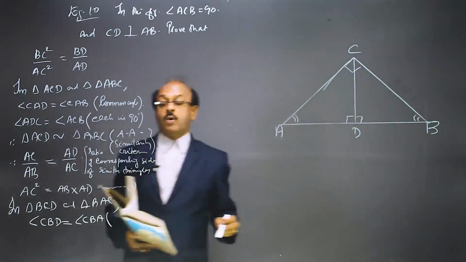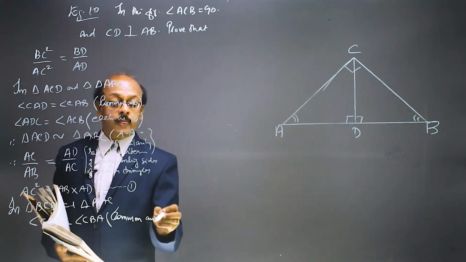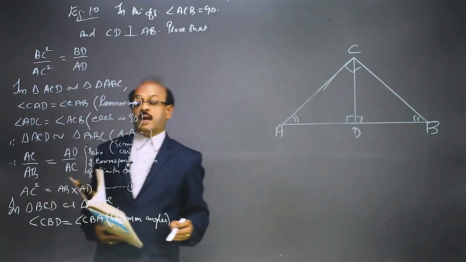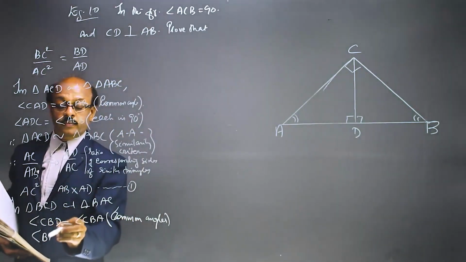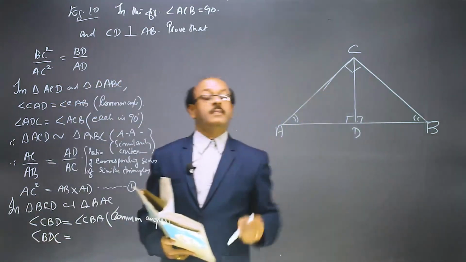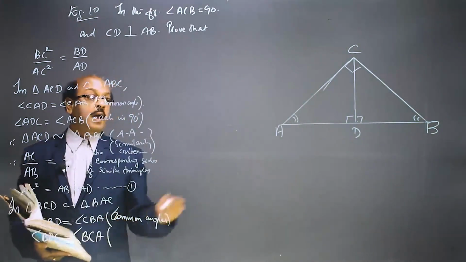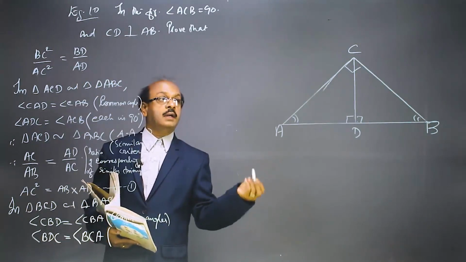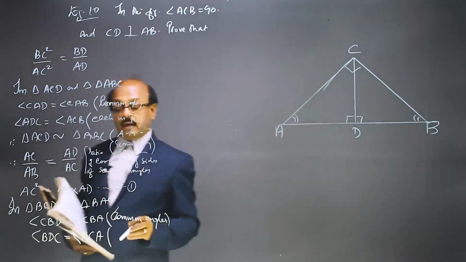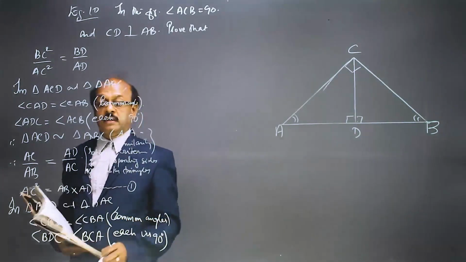So the reason is common angle. And angle BDC is equal to angle BCA. Angle BDC is equal to 90 degrees, and angle BCA is also equal to 90 degrees. Therefore, the reason is each is 90 degrees.